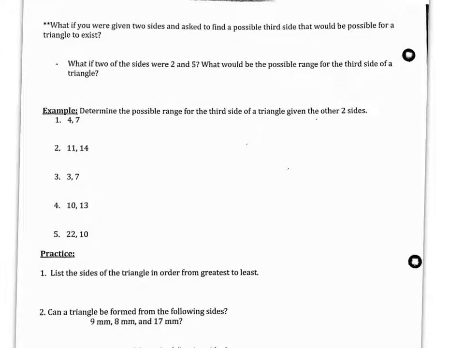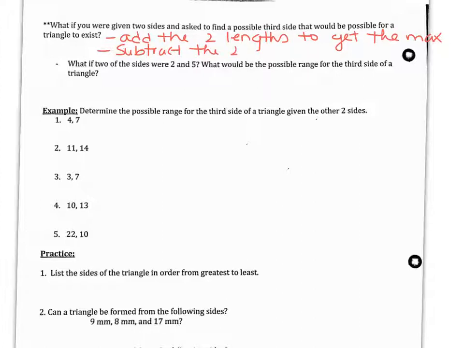So what we're going to do is we are going to add the 2 lengths to get the max, and then we're going to subtract the 2 lengths to get the min range.